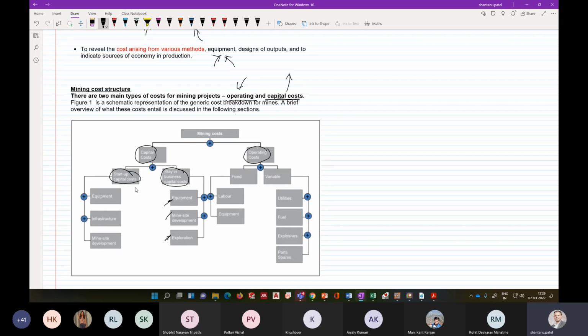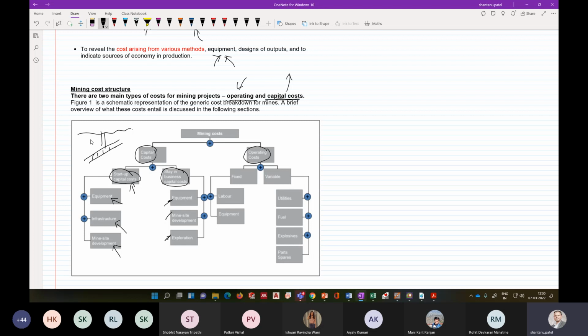In startup capital cost, there is the initial equipment you need to buy and the initial infrastructure you need to make. And mine site development, like in our underground metal mine course, we talked about development of a shaft. If this is your ground surface, maybe this is your deposit, right?